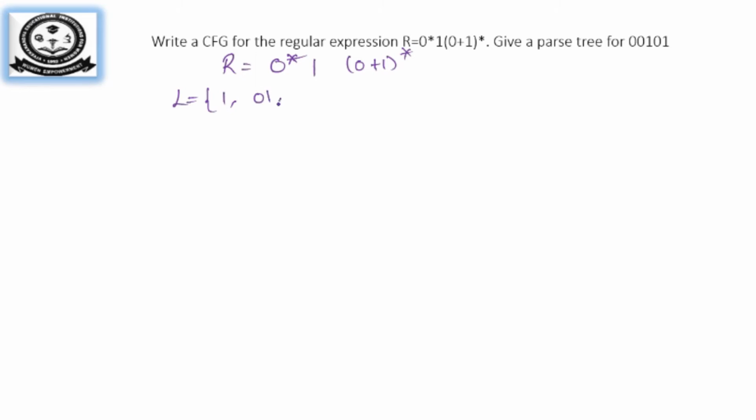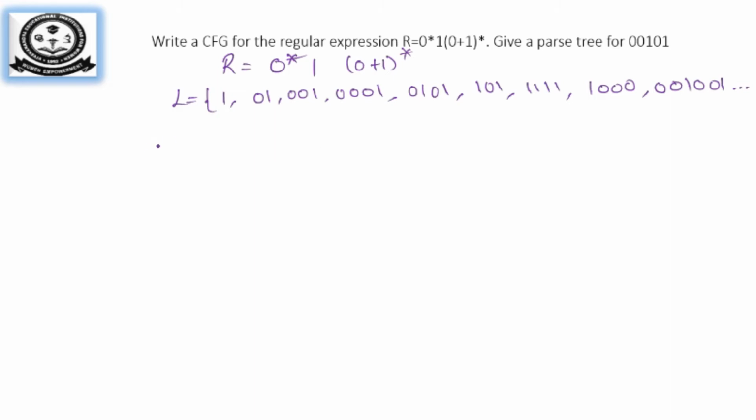You can have 010, 1 0 0 0 1. And the next part we can have 0101, or you can have 101, or 11111, or 100, or you can have 001001. It goes on. So we should make sure that a grammar has to be generated.